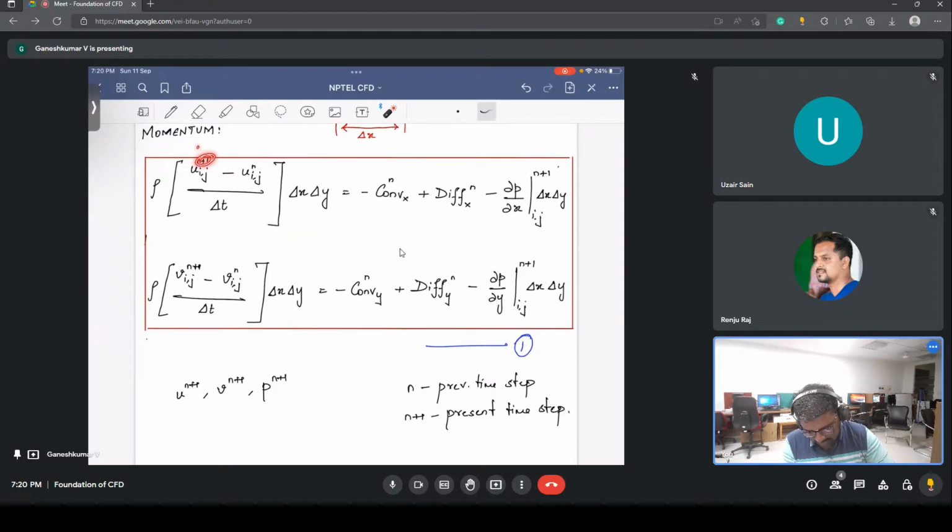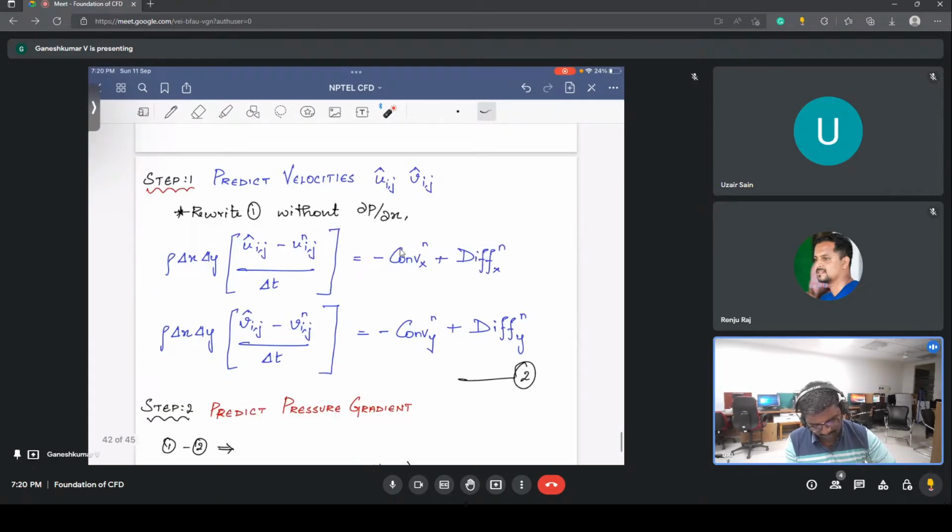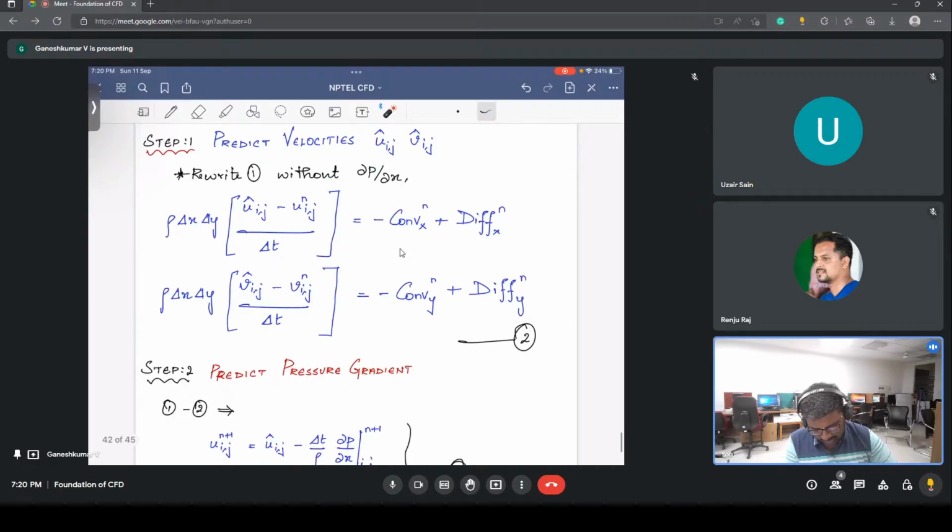This is not n plus 1 because we are predicting it, so it becomes u cap, right? That's how we end up with equation number 2. You see rho delta x delta y, u cap, the convection diffusion, no pressure gradient, right? Without knowing the pressure gradient, we are just predicting some velocity.